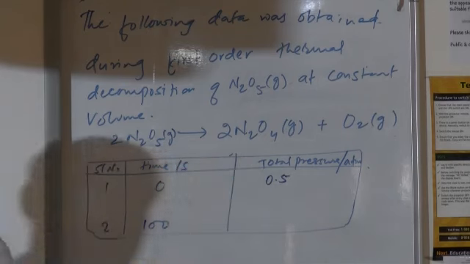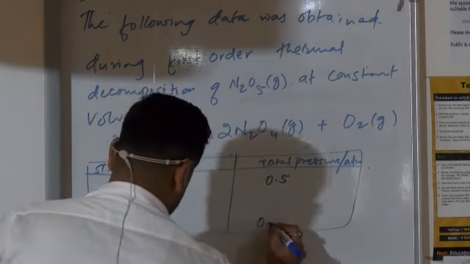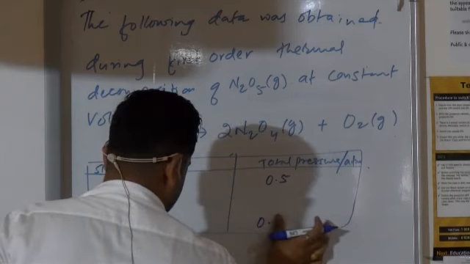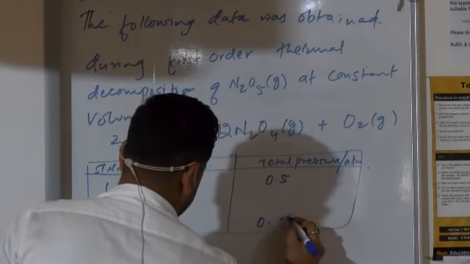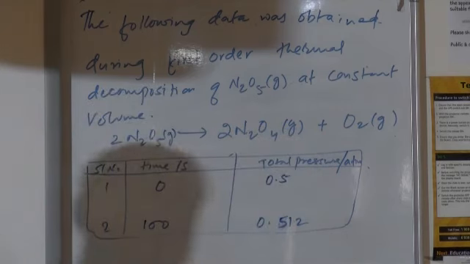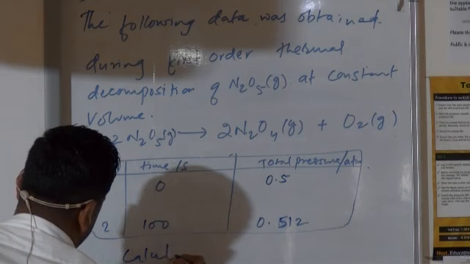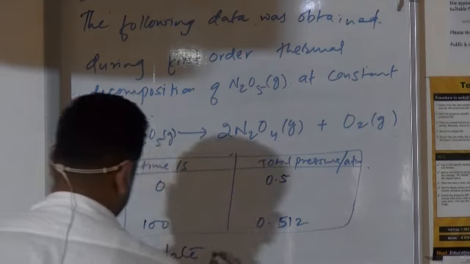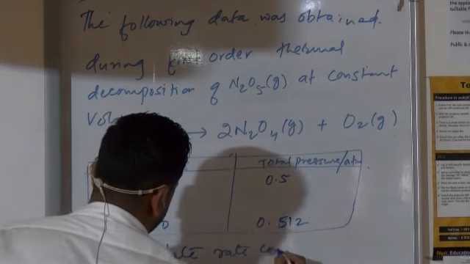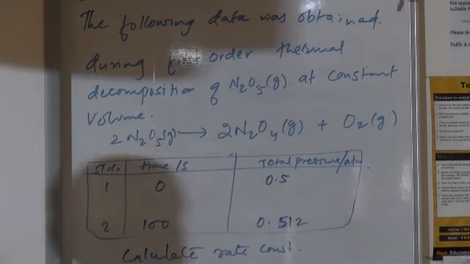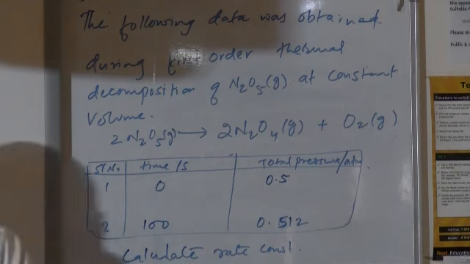At 100 seconds, the value is 0.512 for the pressure. You need to calculate the rate constant. Here you have to calculate the rate constant.